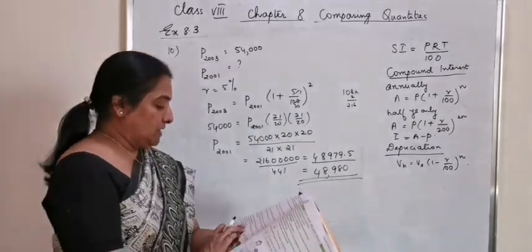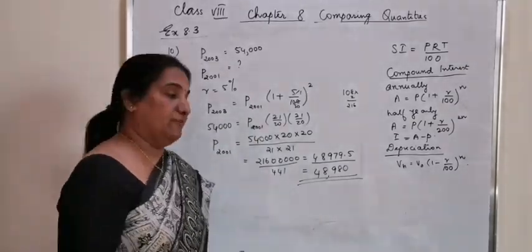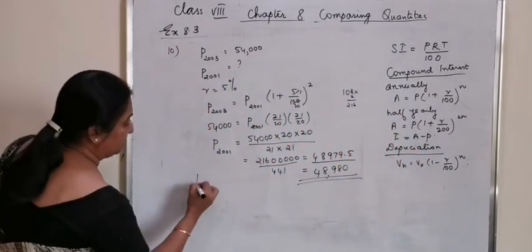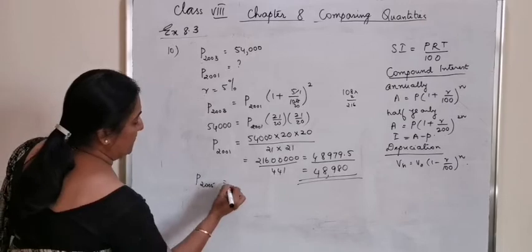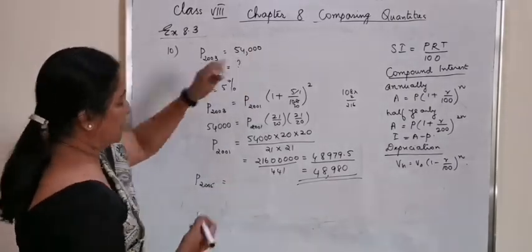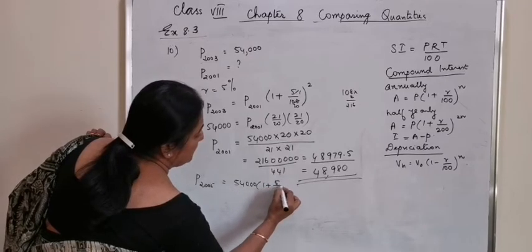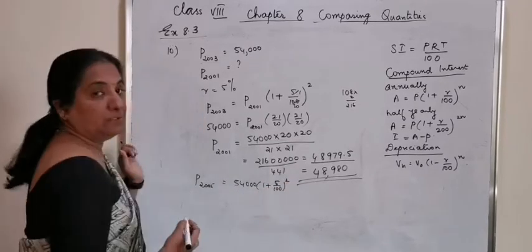And now, what is the population in 2005? Population in 2005 is equal to population in 2003 into 1 plus 5 by 100 for another 2 years.